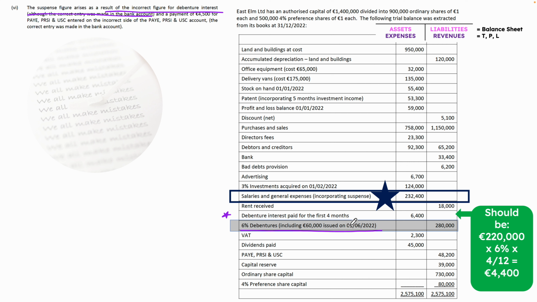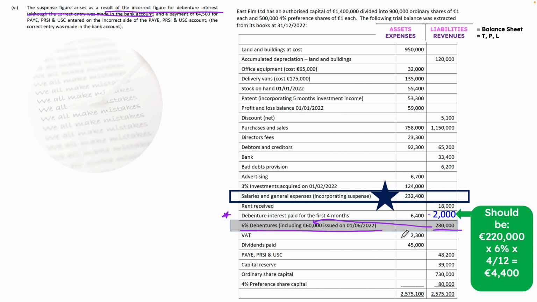For the first 4 months, our debentures would have been 280 minus the 60, because they didn't get the 60 until the first of the 6th month. So 220 by 6% by 4 over 12 gives us 4,400. What we currently have is 6,400, so we're going to minus 2,000 from that to correct it.